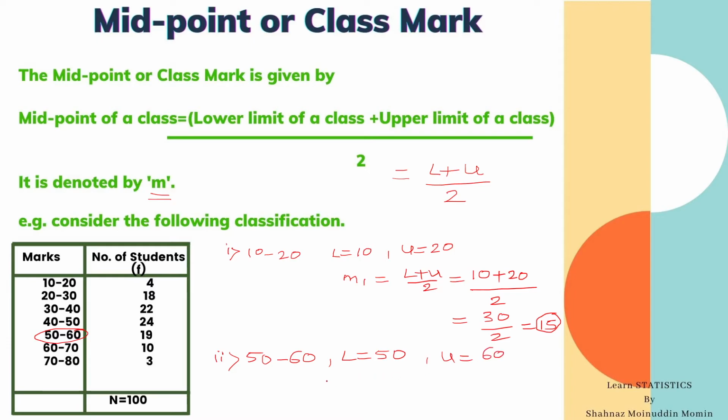So m7, the seventh midpoint, equals 60 plus 50 divided by 2, and it comes out to be 55.